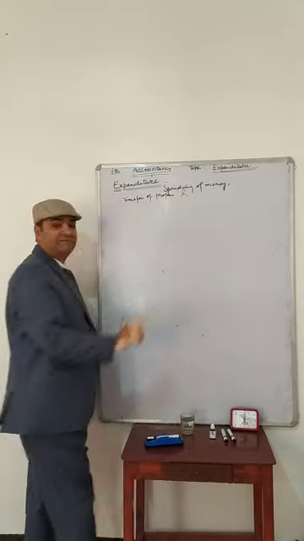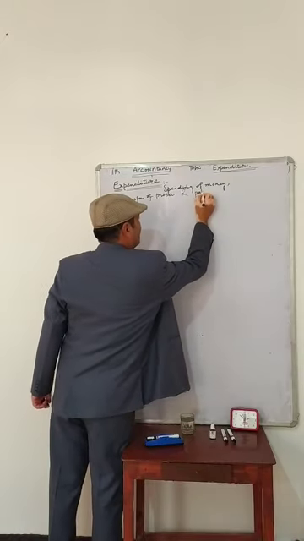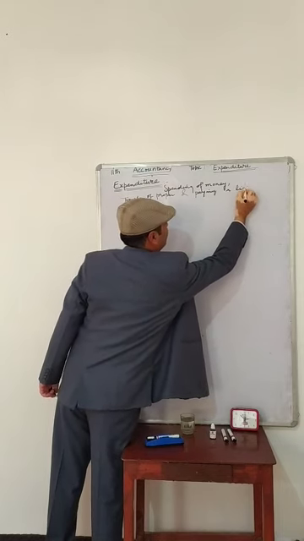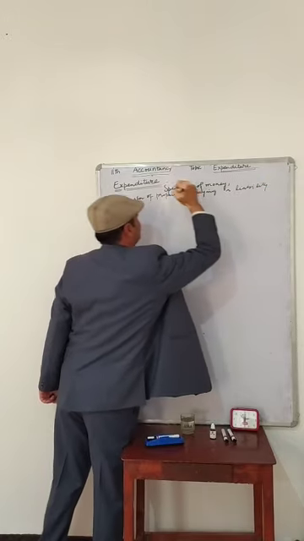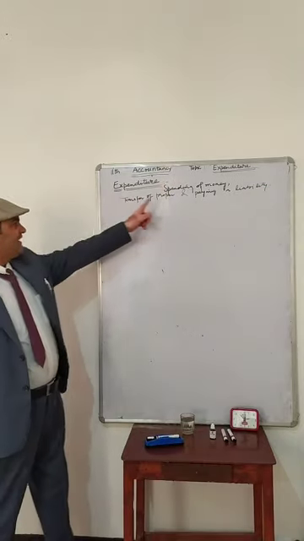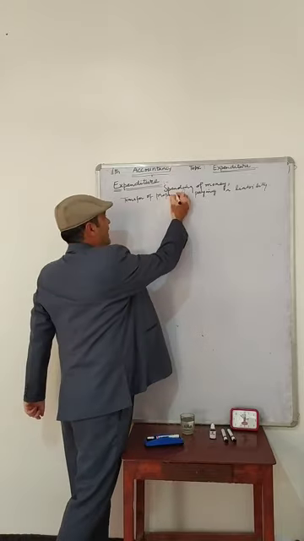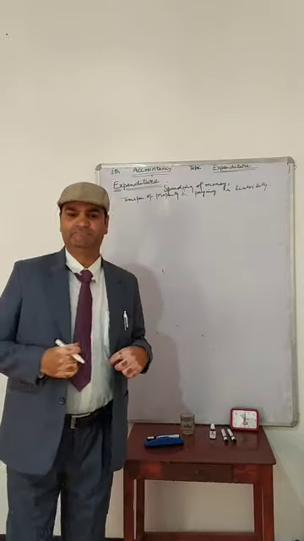And number three, paying or ending a liability. Spending of money, transfer of property, and paying or ending a liability means expenditure.